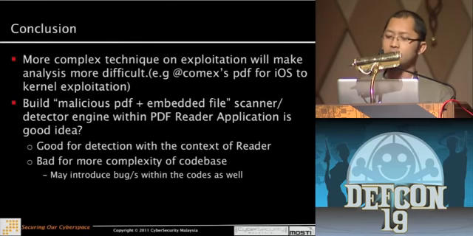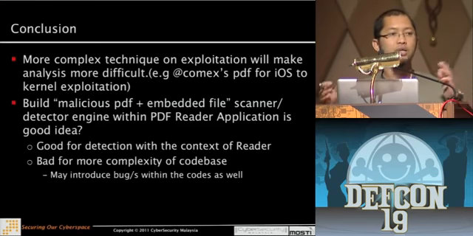More complex exploitation techniques will make analysis more difficult, I think. For example, Comex's PDF on iOS leading to kernel exploitation. Of course, there is a kernel bug as well in this, right? And of course, having a malicious PDF or embedded file scanner or detector engine within the reader application itself is a good idea, because it has the context within the PDF reader, okay?